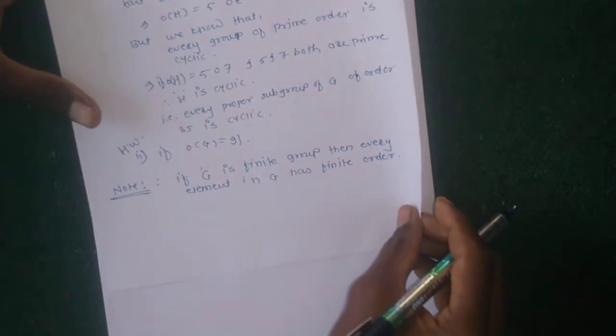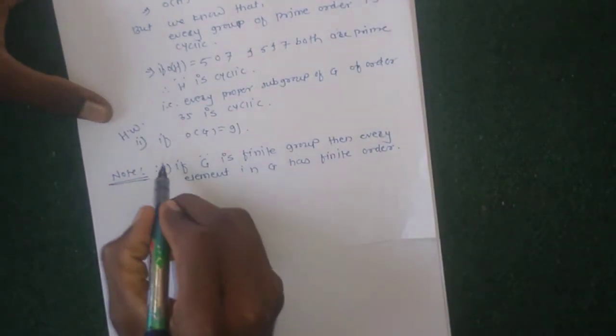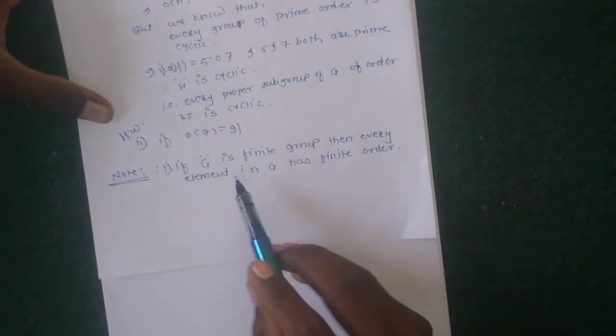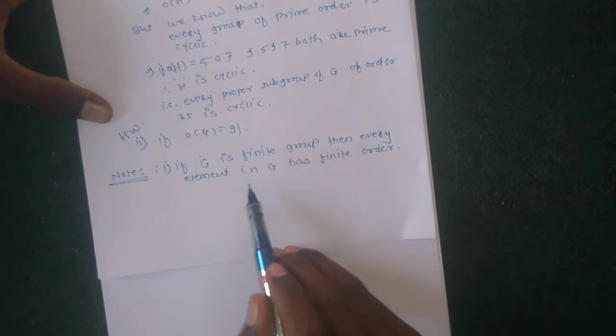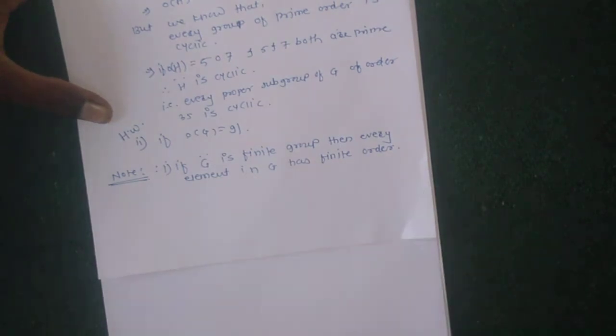This is the first note. The first note says that if G is a finite group, then every element in G has finite order, meaning the order of an element is finite if the order of the group is finite.